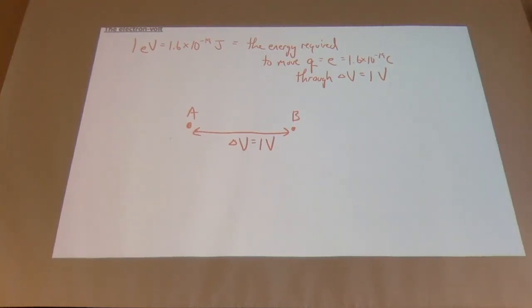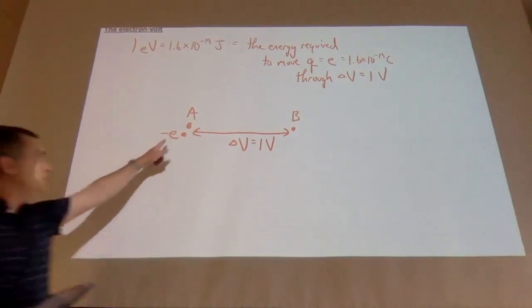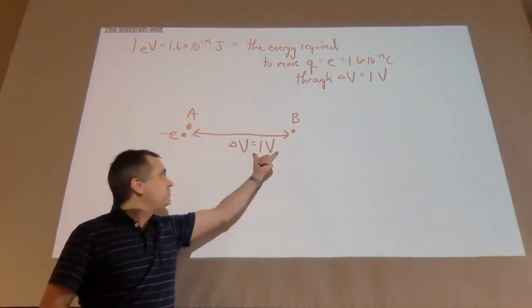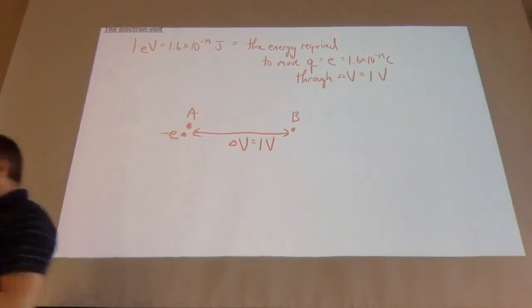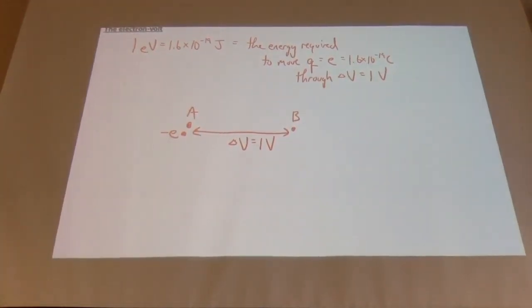So in other words, if I had an electron and it was at one point and I wanted to push that electron over to another point that had a different potential that was 1 volt in difference, 1 electron volt is how much energy would be required to do that amount of work.